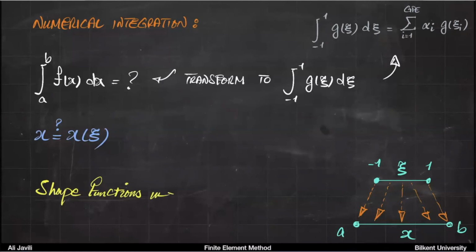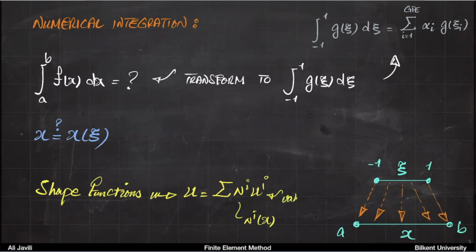We said, for instance, if you have u, you can write it as the sum of Ni ui. Because Ni was a function of x, and remember ui are just prescribed numbers, values at nodes. So if we did that, you end up with u as a function of x, right? This is what we had done before.